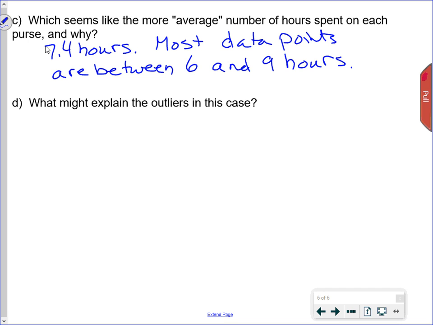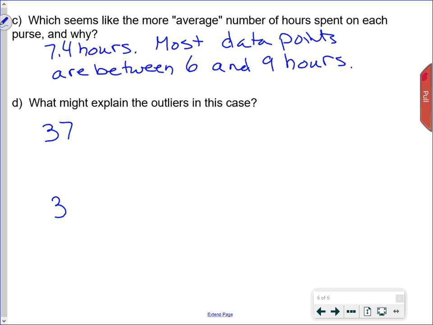Last question says, what might explain the outliers in this case? So why was there a value of 37 and why was there a value of 3? So when Louise was making these purses, on average, most of them took about 7.5 hours.